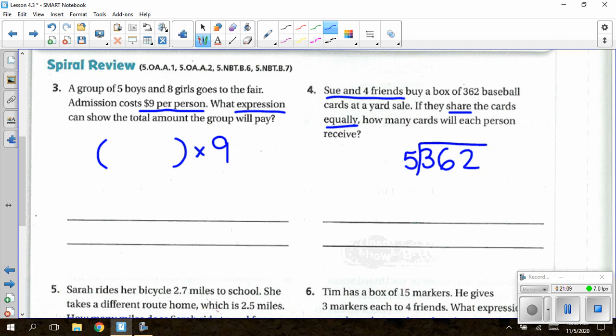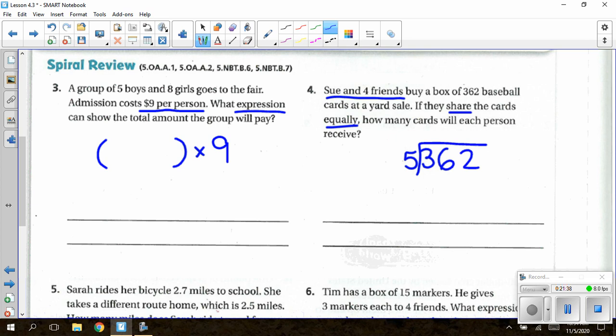So I already know that this will not give me an even answer. This does give me a remainder. So I'm going to have to interpret the remainder. Now obviously, you would not want to cut a card in half, so we're not going to have a fraction in our answer. And we can't just add 1 to the quotient, because then we would just be taking a card magically out of the air, and that's not possible either.